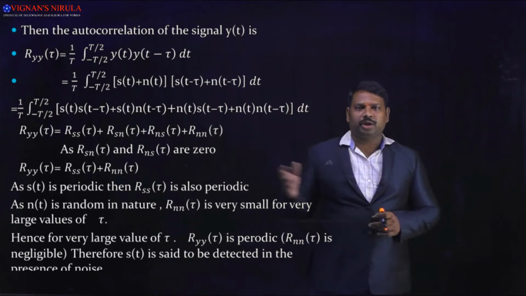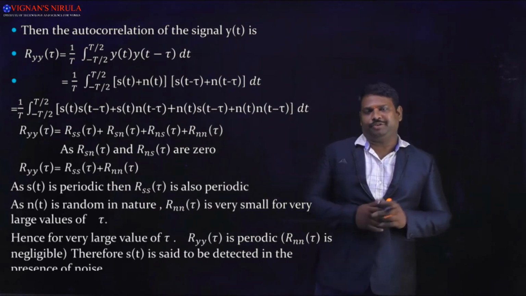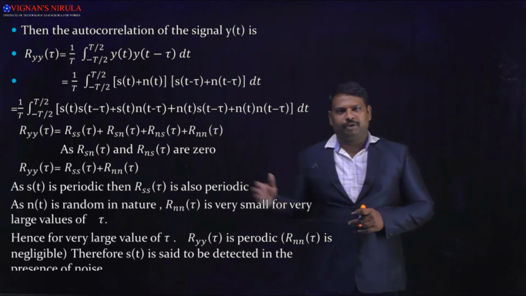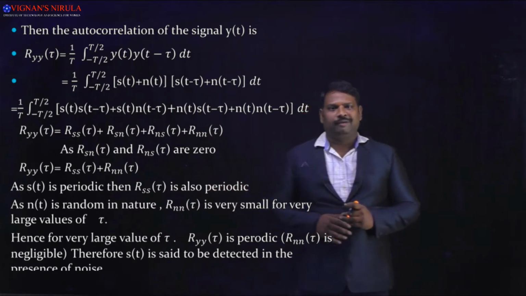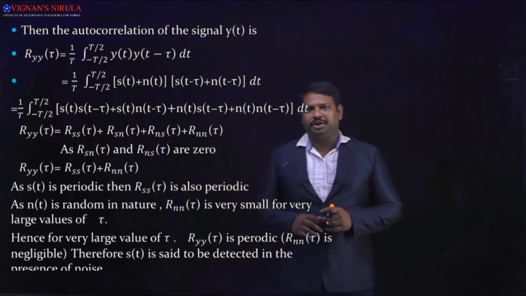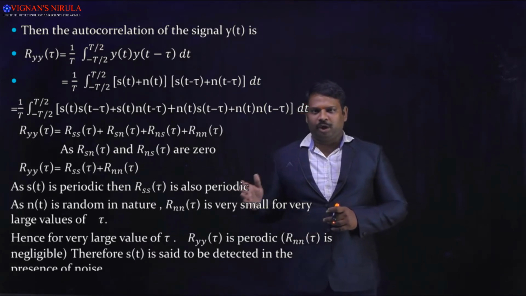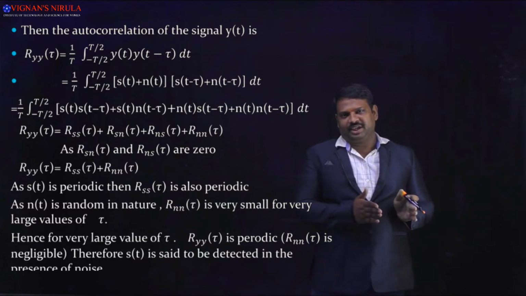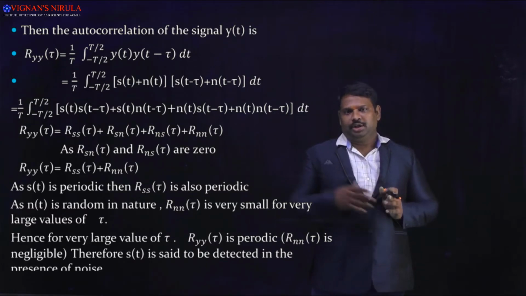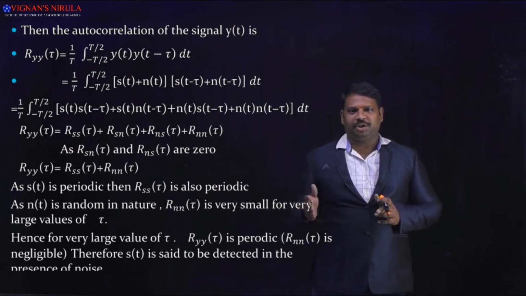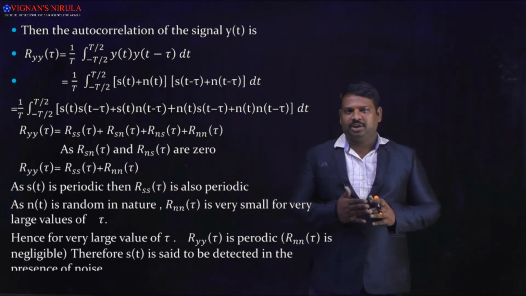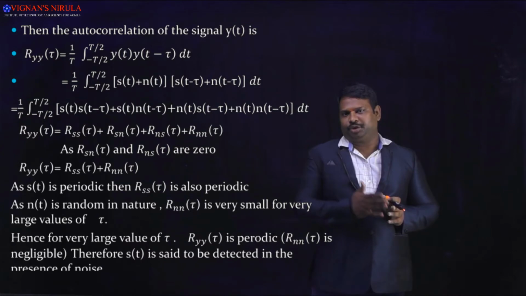The autocorrelation of the signal y of t, that is Ryy of tau, equals 1 by T, integral from minus T by 2 to T by 2 of y of t, y of t minus tau dt. What is y of t? It is the mixing of the periodic signal S of t and the noise signal. Therefore, we write y of t as S of t plus N of t, and y of t minus tau as S of t minus tau plus N of t minus tau.